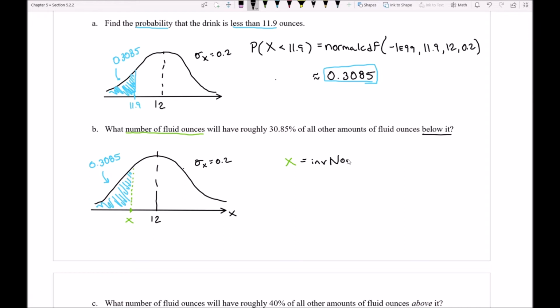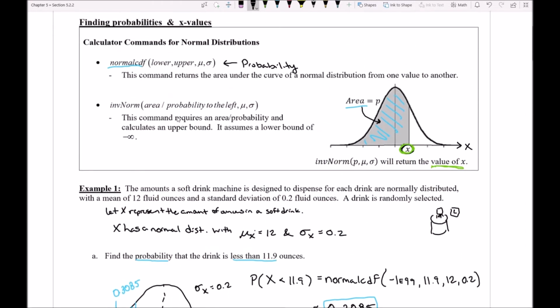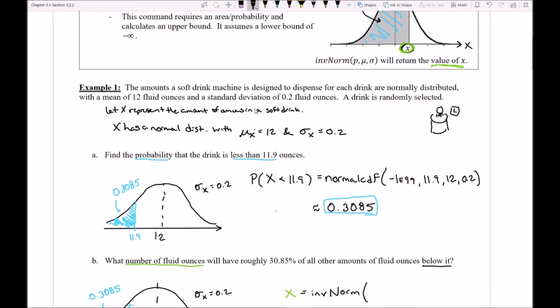Inverse normal is going to help us find an X on a number line, but it's going to have 3 different inputs. Notice the inputs that I have here. The first input is going to be the area, or the probability, to the left side of X. I need the area on the left side of the X I'm trying to find. The second input is going to be the average for the curve, and the third one is going to be the standard deviation.